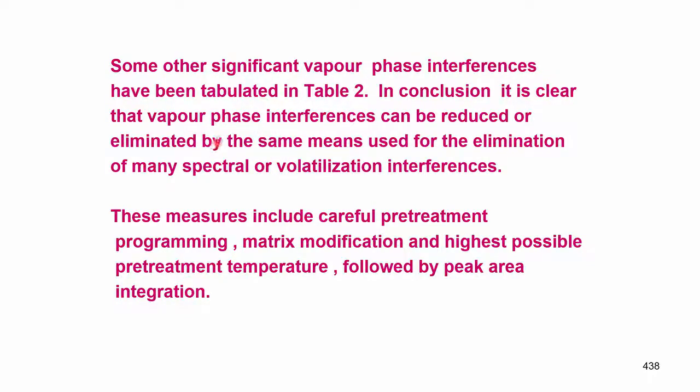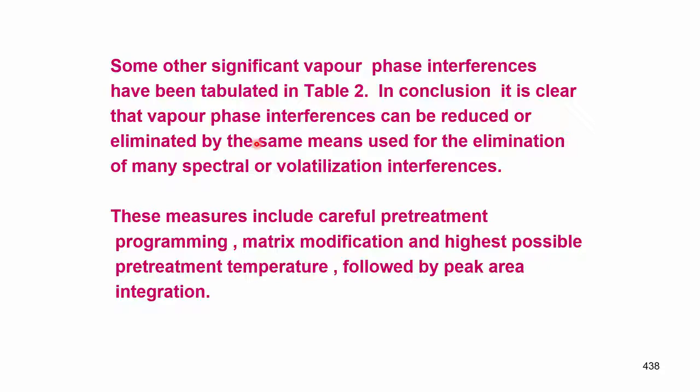In conclusion, it is clear that vapor phase interferences can be reduced or eliminated by the same means used for the elimination of many spectral and volatilization interferences. Do not worry about it, but if the signal gets reduced quite a lot, then only you have to think about such things.